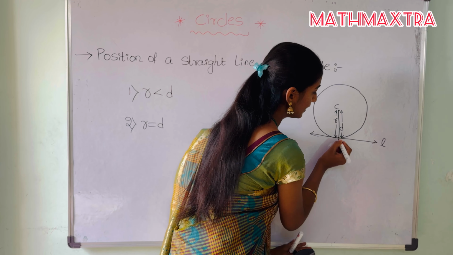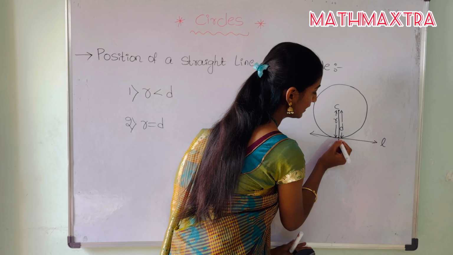Means that this line touches the circle exactly at one point. Means this line is nothing but a tangent of the circle. So if the condition is given like that, radius is equal to the distance between the center and line, then we can directly say that the given line is a tangent line of the circle. Okay, this is the second case.